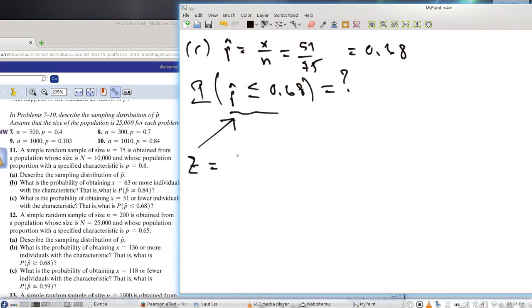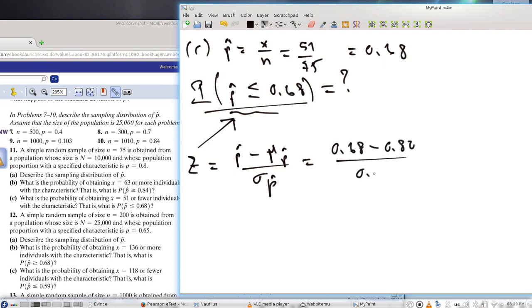Here we need to convert this general expression of the distribution to the standard normal distribution so that we can use the z-table. To do that, we have p hat minus the mu of p hat, divided by sigma of p hat, and that is equal to 0.68 minus 0.8, divided by 0.046.